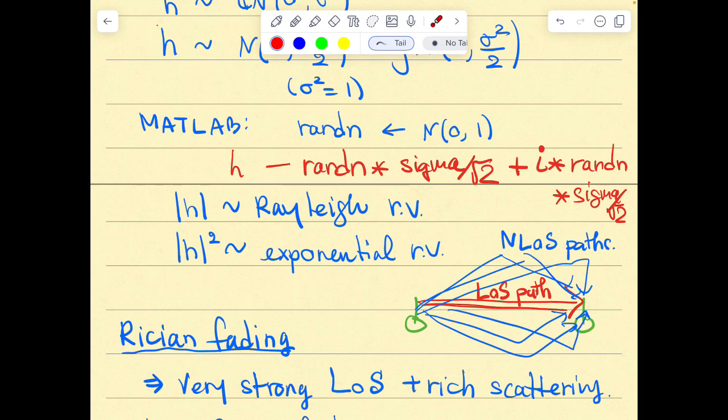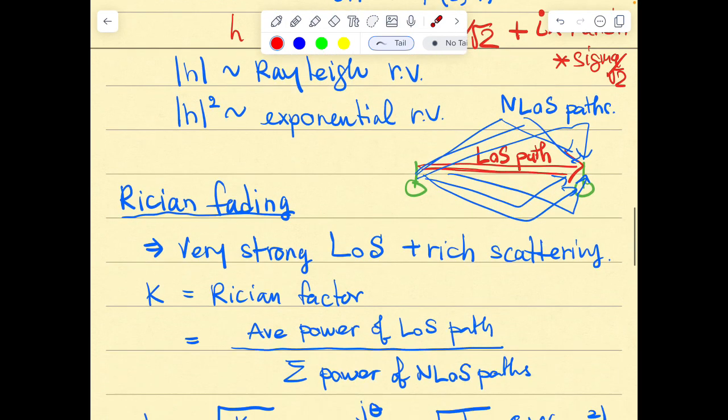Now, another fading that we want to take a look at is what we call Rician fading. So the difference between Rayleigh and Rician is this. Imagine there's a transmitter and a receiver. In this case, there's a direct path, a line of sight path, which is strong between the transmitter and the receiver.